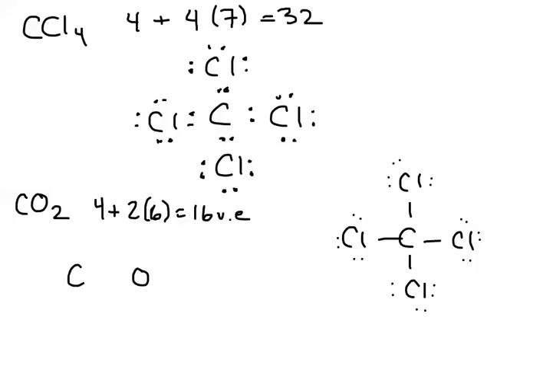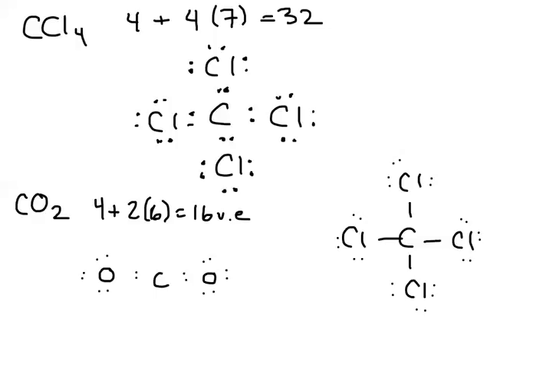First of all, what atom is going to go in the center? C. Let's put in our bonds. So that's 2, 4, 6, 8, 10, 2, 4, 6, 8, 10, 12, 14, 16.